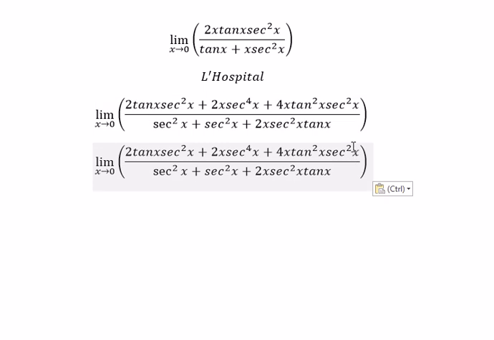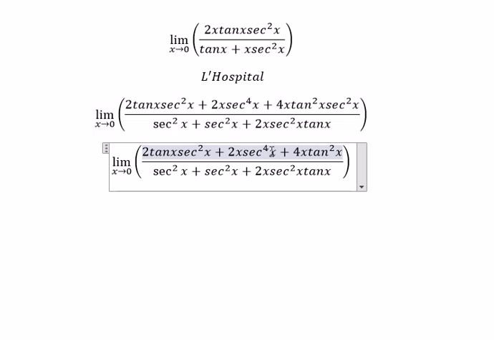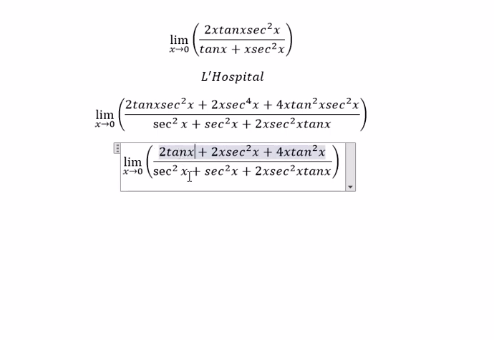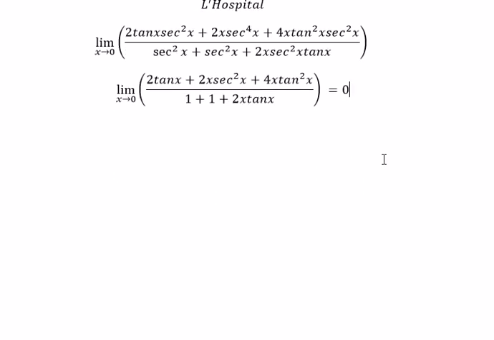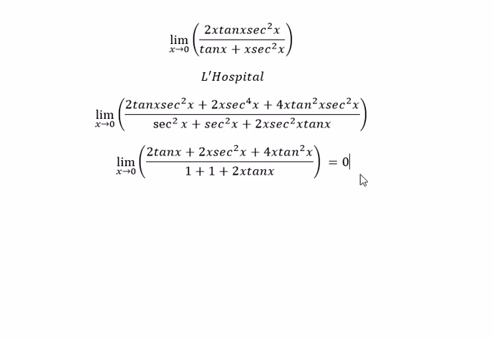Simplify secant squared x. Now we put 0 in here, and you can see you get 0.